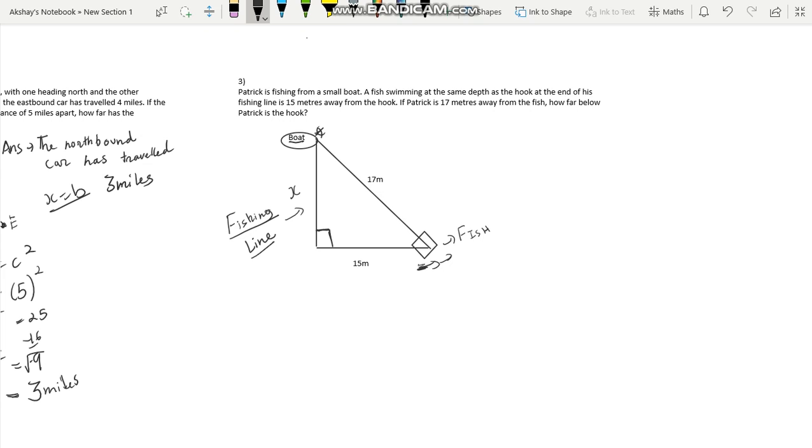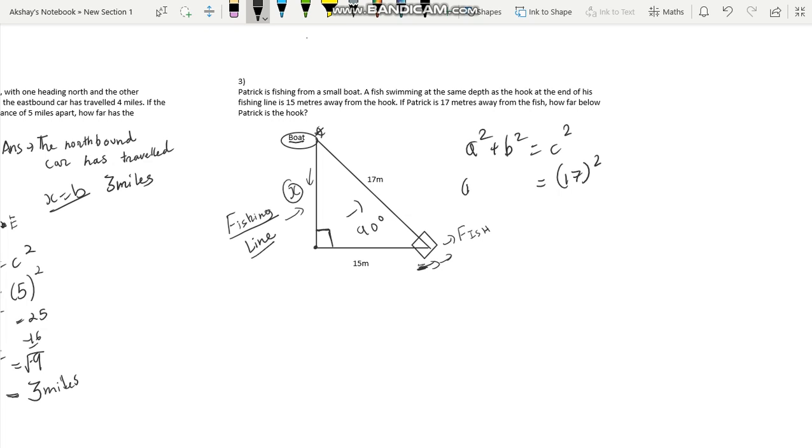So 17 meters. They want us to find how far below Patrick the hook is. So here's the hook. How far below Patrick? So this is what they want to find. They want us to find x. a squared plus b squared is equal to c squared, and c, our hypotenuse opposite the 90 degrees, is 17. c is always our hypotenuse. a and b are interchangeable.